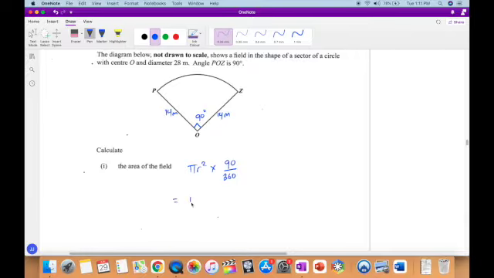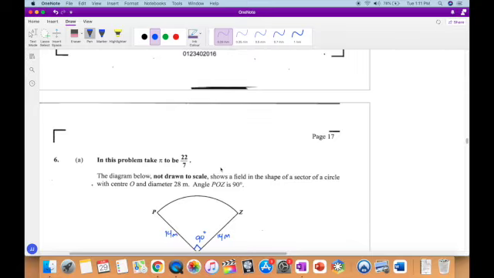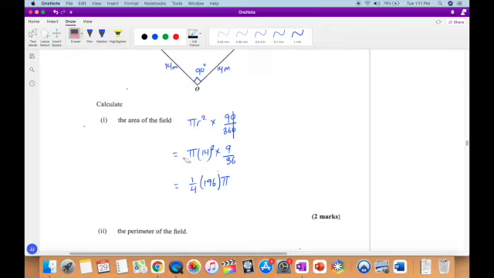So we have pi r, which is 14 squared, multiplied by 9 on 36. 9 on 36 is a quarter, 14 squared is 196, and then we have pi. You'll notice I'm not doing the decimal thing with pi. I'm leaving my answer in terms of pi because they say in this problem to take pi to be 22/7.